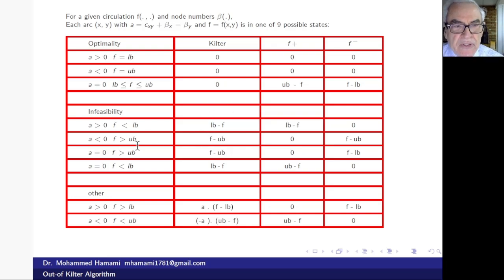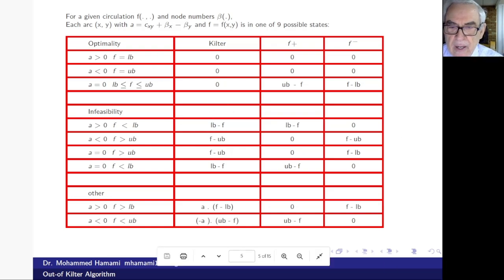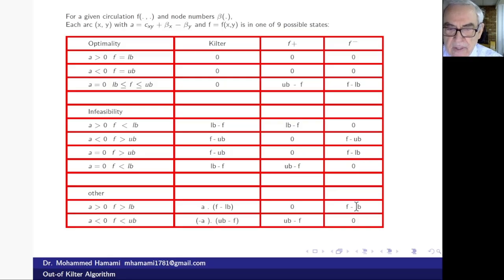We are decreasing the flow between x and y. We have three cases, right? This case, and this case. Our arc x star y star is not in Kilter, so it's not in these three cases. So in these two, the flow is bigger than UB. And then a positive, we already talked about that.